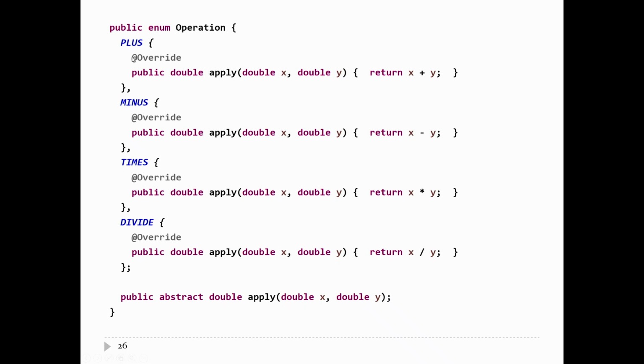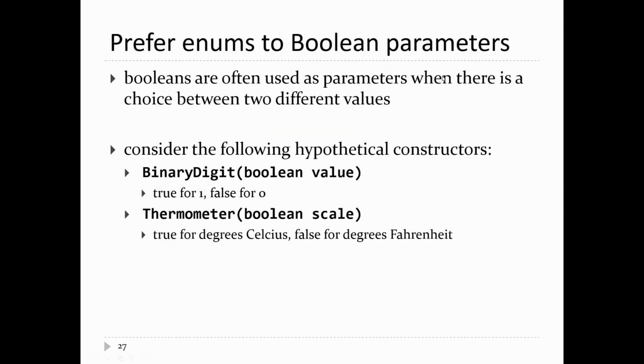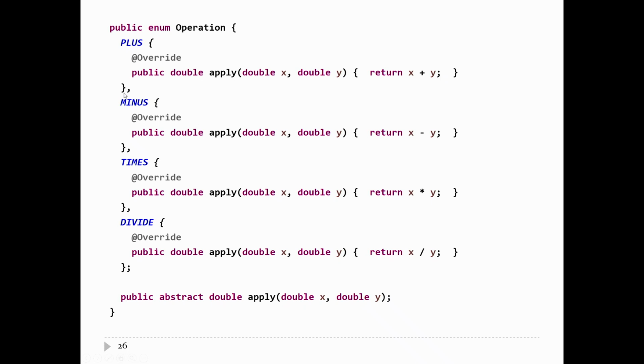Inside the body, you put the definition of your apply method. The apply version of plus just returns x plus y, minus returns x minus y, multiply returns x times y, and division returns x divided by y.